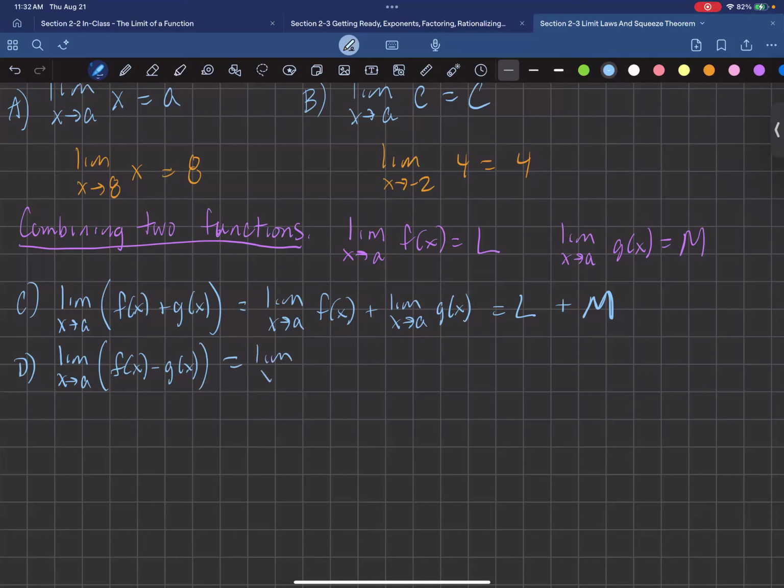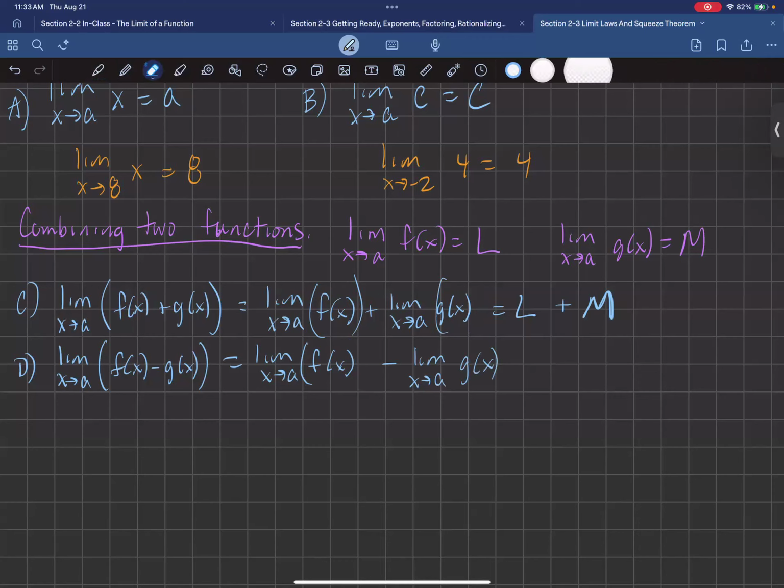This is the limit as x approaches a of f of x, minus the limit as x approaches a of g of x, which equals the first limit here. This is L and this is M. So we have L minus M.